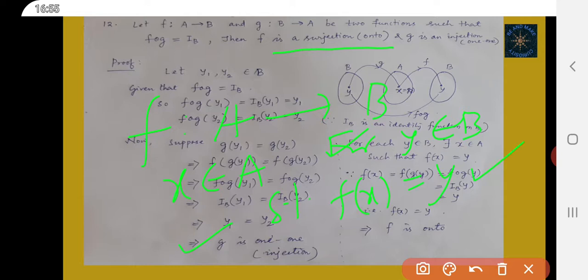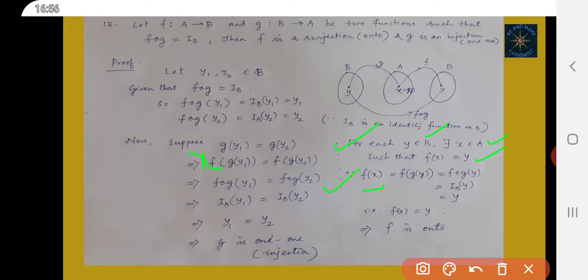If we show this, then f is onto. So here for each y belongs to B, there exists x in A such that f of x equal to y. Why? Since f of x, you can write x.